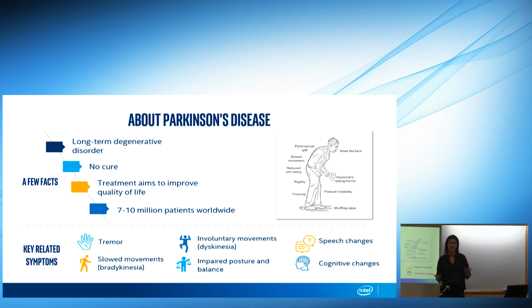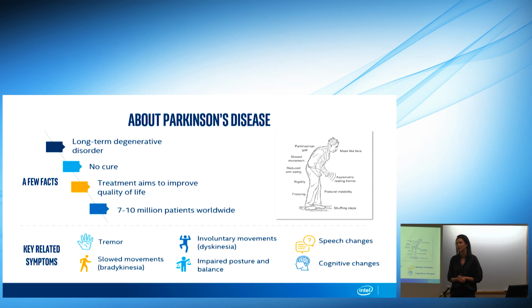And the symptoms that are associated with the disease are different. The most famous one is obviously the tremor and a lot of motor related disorders. One example is the slowness of movement, that as the disease progresses, this is something that most patients suffer from.